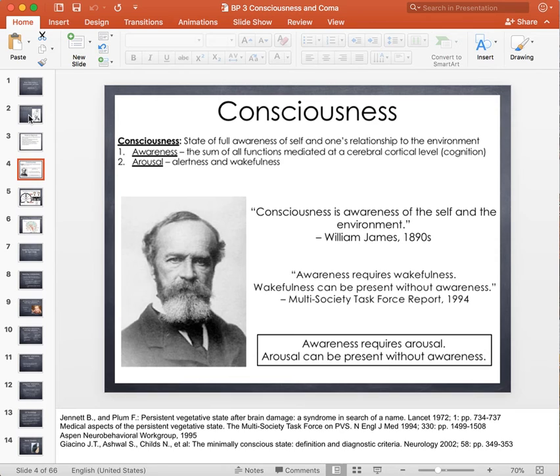But in order to be aware, you also have to be awake. You have to be alert and awake, which is something that we refer to as arousal. It's somewhat intuitive that you need to be awake in order to be aware of your surroundings, but you can be awake without being aware of your surroundings. So while awareness requires wakefulness, wakefulness can be present without awareness. And in my musings a couple slides from now, I have a couple examples of studies that have looked at it.